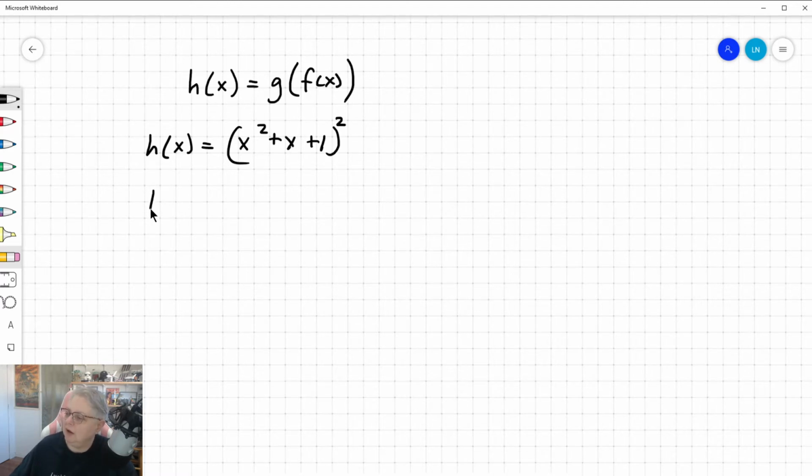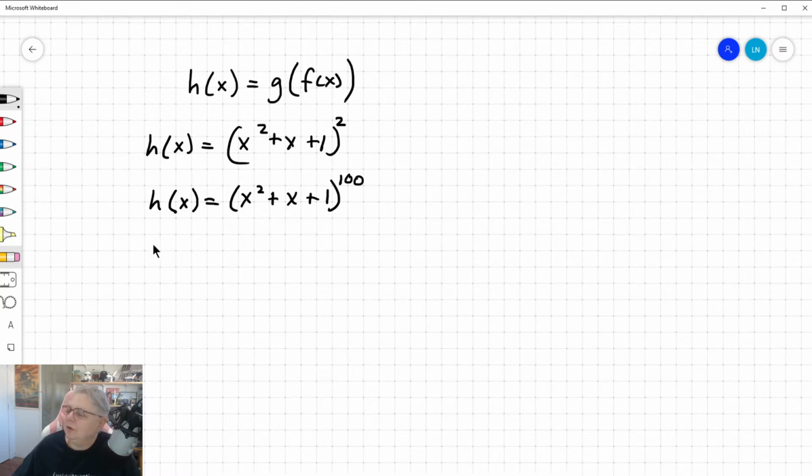However, if instead of being raised to the second power, that was being raised, let's say, to the 100th power, could I multiply that out? Sure. Do I want to multiply that out? No, I do not.